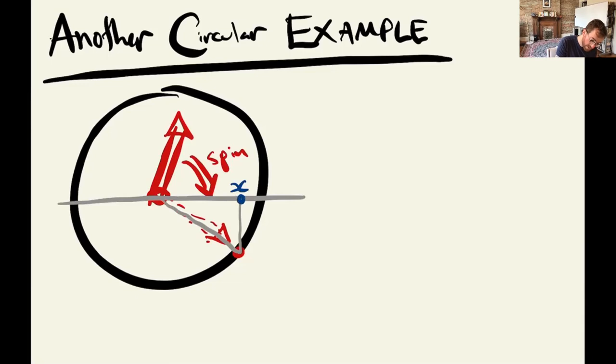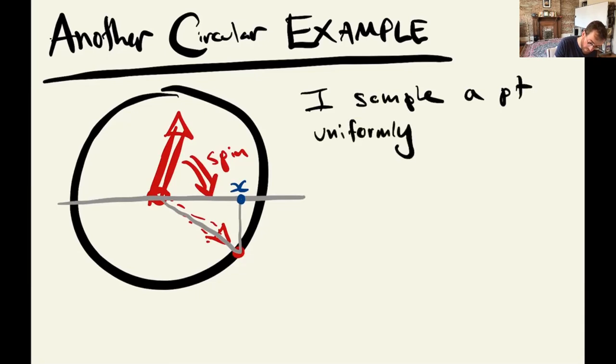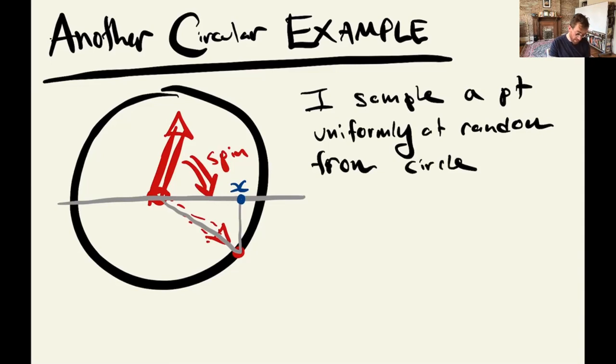So said a little more rigorously, I sample a point uniformly at random from the circle, and then I read off the x coordinate.